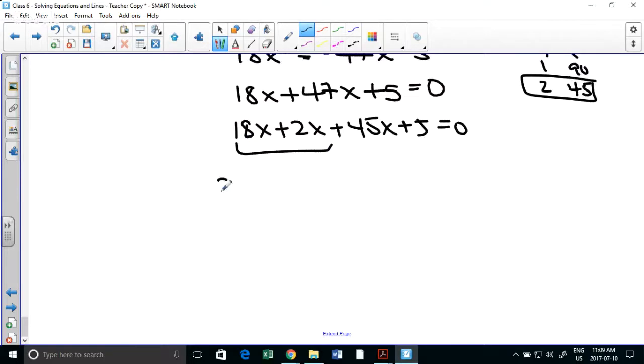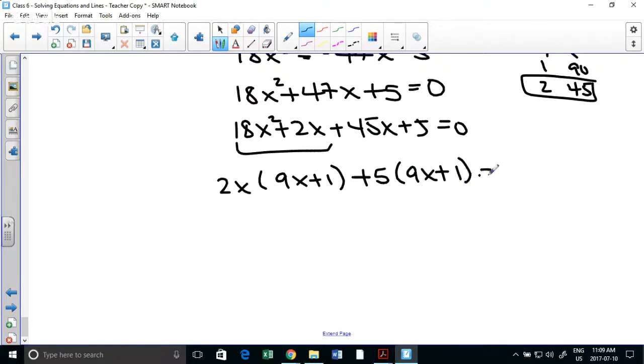Regrouping here, you can take out a 2x, leaving me with 9x plus 1. And here, you would take out a 5, leaving you with 9x plus 1. Regrouping gives you this.